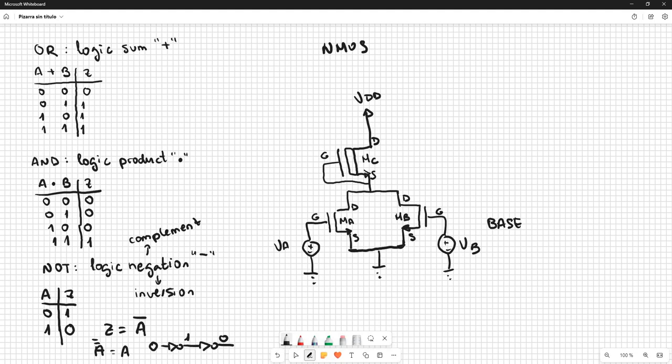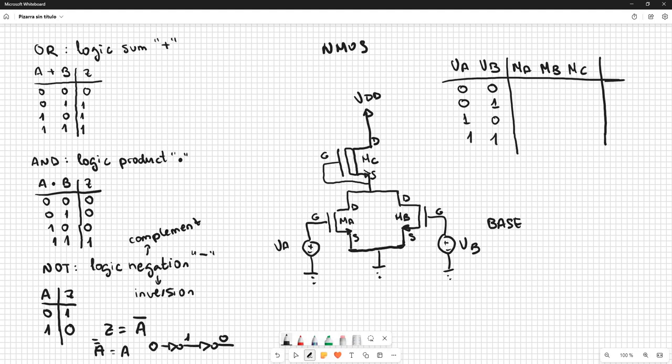So we are going to analyze what happens with this circuit according to the value of the input. So we are going to use this table: transistor A, transistor B, transistor C, and the output. The combinations of the input are going to be these ones.